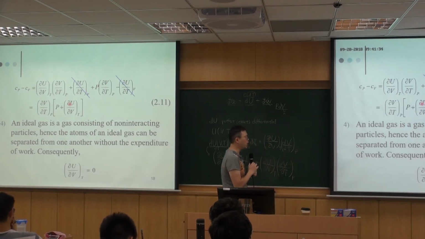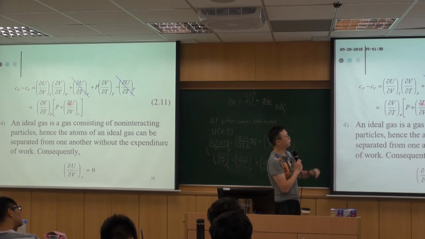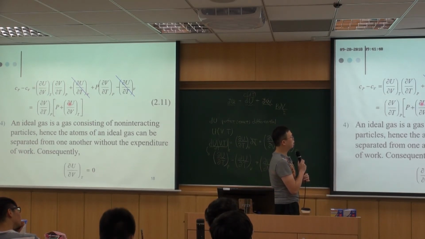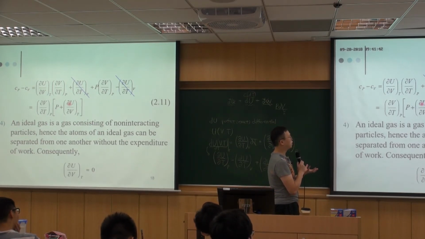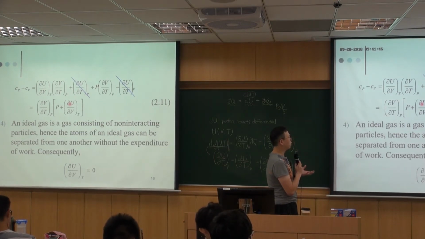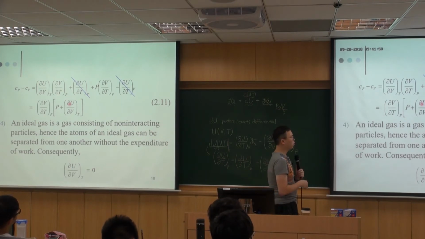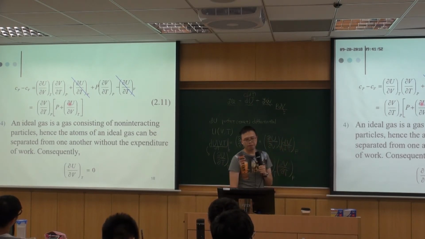You don't have to do any work. So that's what the description is about. For an ideal gas, there's no interaction. Therefore, the atoms of an ideal gas can be separated from one another without spending any work.